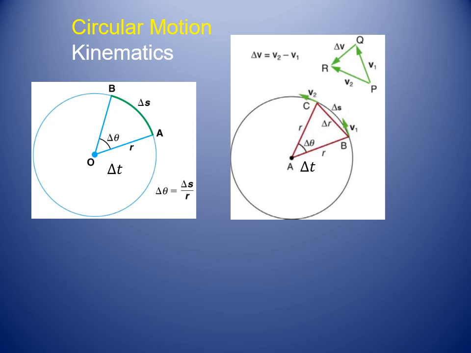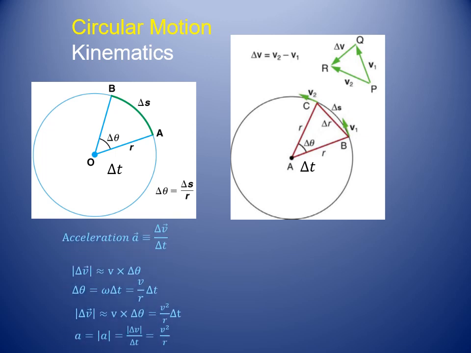It's a vector. If you recall, the definition of acceleration as a vector is delta v divided by delta t, which is a scalar. That delta v is the change in velocity, in this case along that direction. Now that's finite, but what is the magnitude of this velocity change?